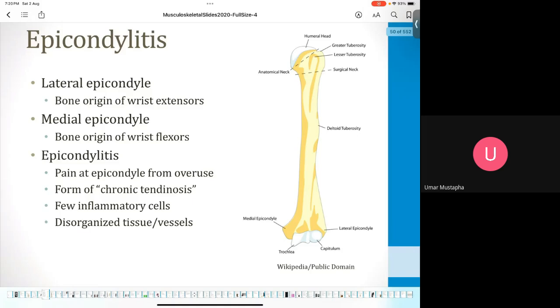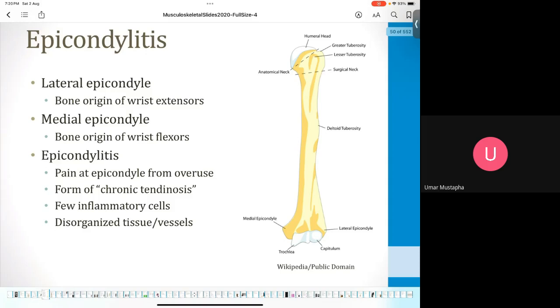Okay, so let's discuss epicondylitis. What is epicondylitis? Due to overuse of flexors and extensors, sometimes you can have epicondylitis, a kind of inflammatory condition in which you have swelling there and cannot use your arm further.